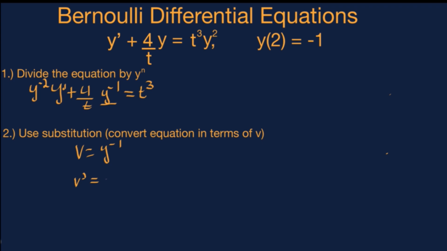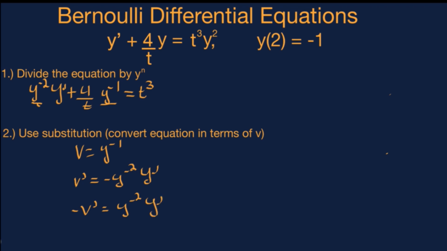And that would give us negative y to the negative 2 times y prime. And so to make this match the first term in our original equation, we would have to divide both sides by -1, and that will give us negative v prime is equal to y to the -2 times y prime.